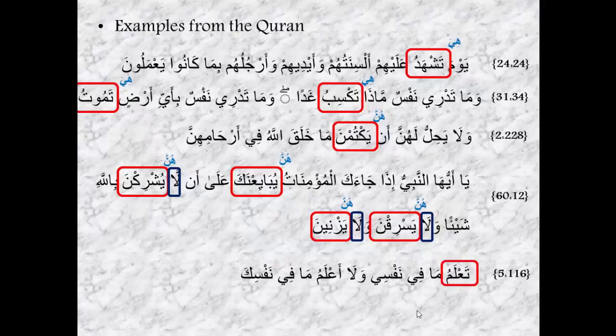So تعلم, you know. This is on the تفعل pattern, conjugated for أنت, because Isa is addressing Allah. ولا أعلم, an example of a negation, and I do not know. So أعلم, أفعل, conjugated for أنا.